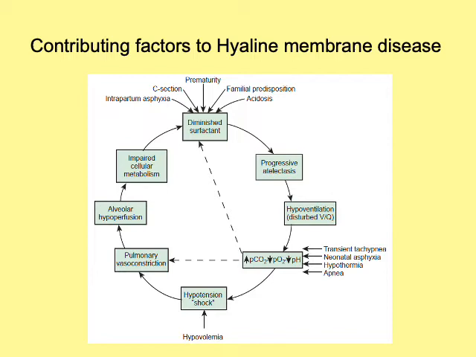All these predispose to hypotension, shock, and hypovolemia, and pulmonary vasoconstriction, which results in alveolar hypoperfusion and impaired cellular metabolism, and again they run into a vicious circle.